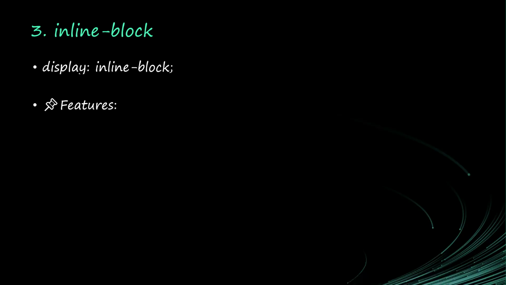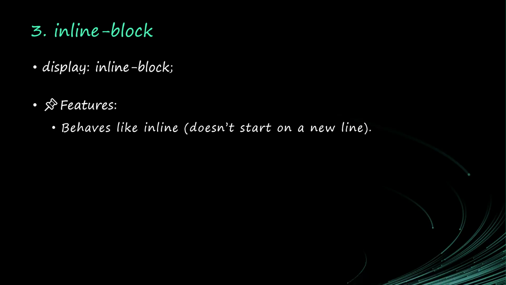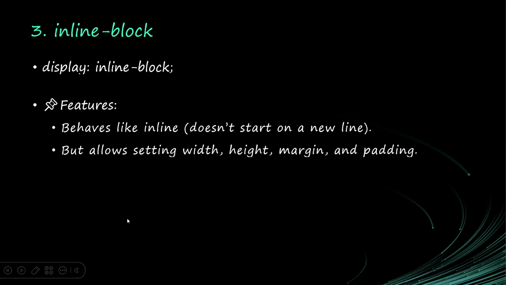If you say that this element is inline block, it means that it will behave like inline. It doesn't start on a new line. It will behave like inline elements, but it will allow you to apply width, height, margin, and padding to it. So look at the difference here.